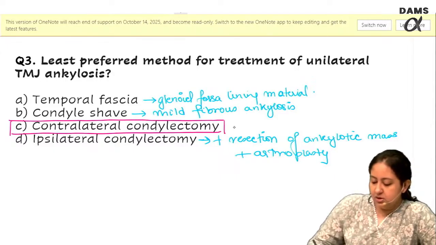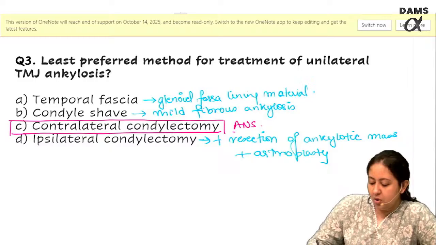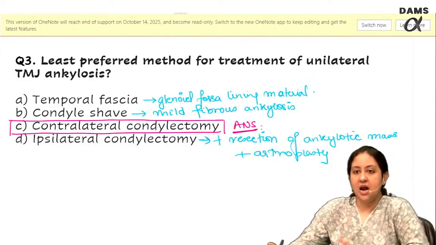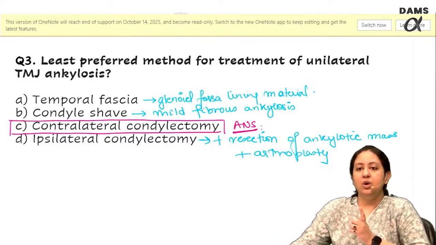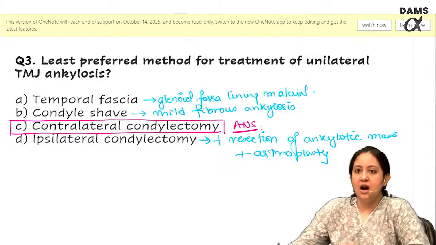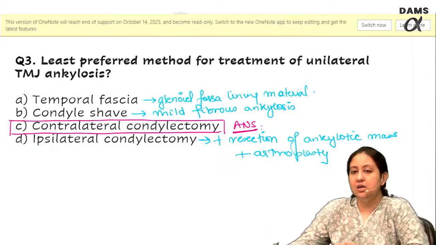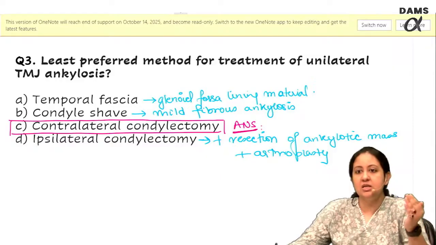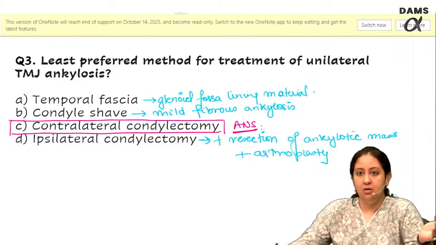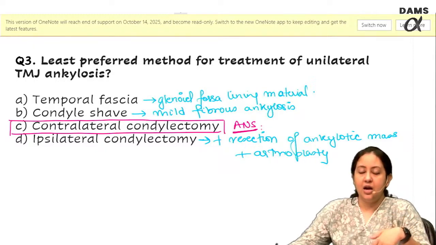Please remember, students, you can do a contralateral coronoidectomy, but you will never do a contralateral condylectomy. You will never remove the opposite side condyle. That is not indicated. It is not a part of the treatment protocol. Further ahead in our sessions, we will be discussing Caban's protocols.